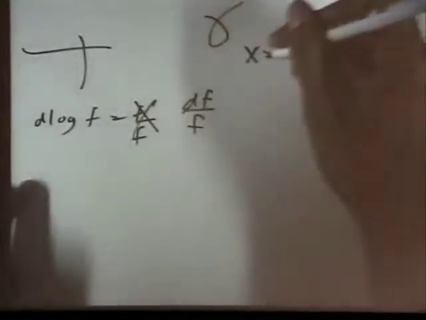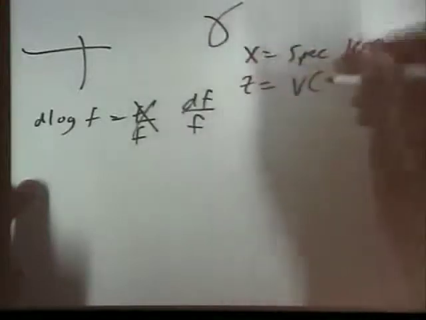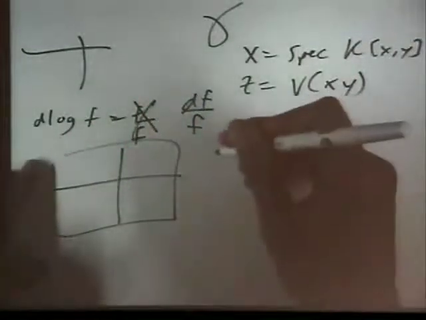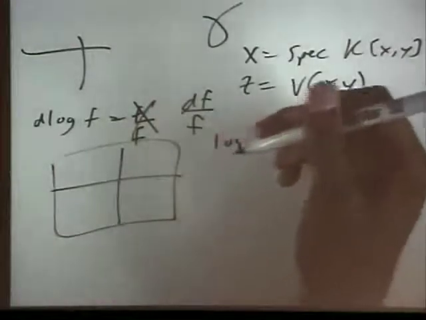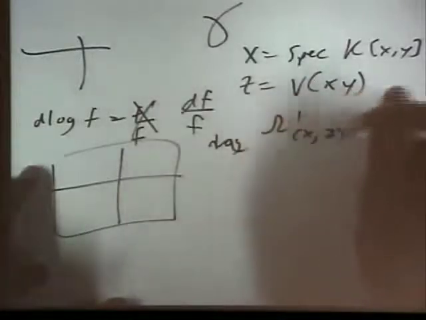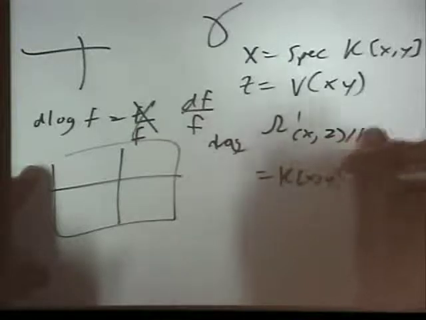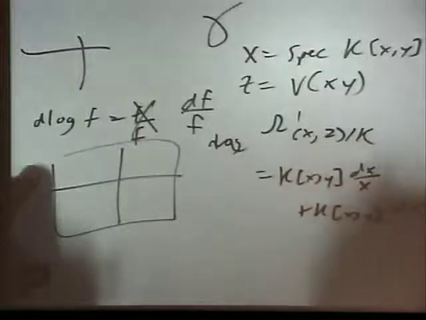So for instance, if X is Spec k[x,y], and Z is the vanishing locus of x times y, so I have the plane and two coordinate axes, then the log differentials, Omega^1_{(X,Z)/k}, are generated by dx over x and by dy over y.